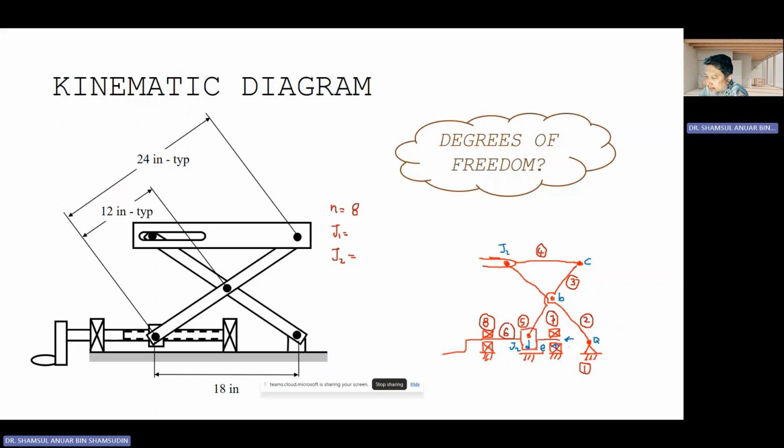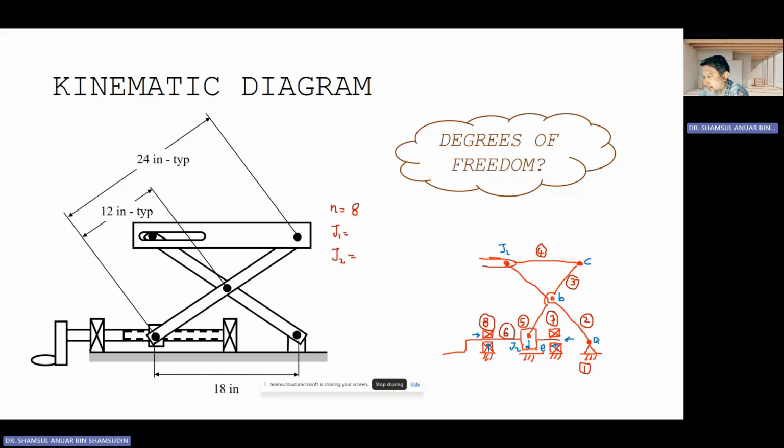Same over here. The screw is supported in this way, and also not allowing it to come off to the left. So pushing it this way, constraining that way.